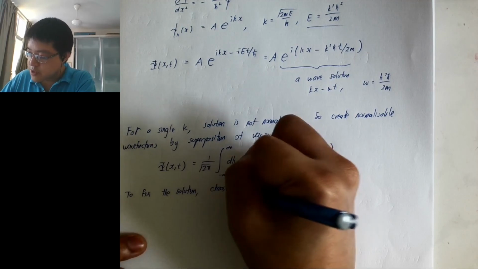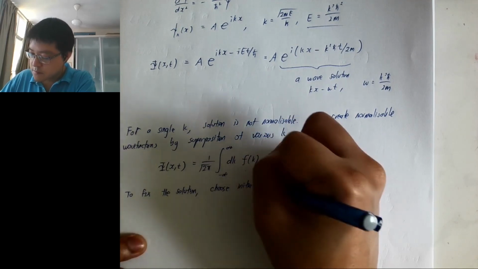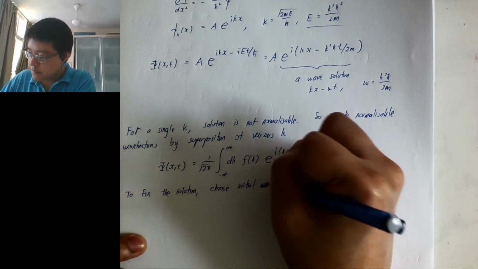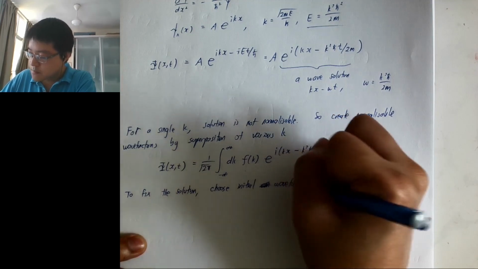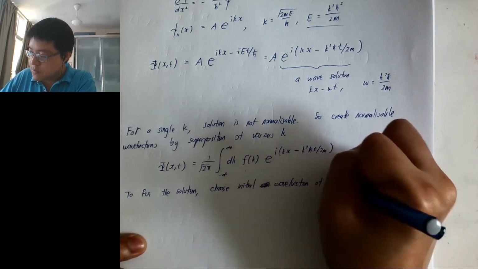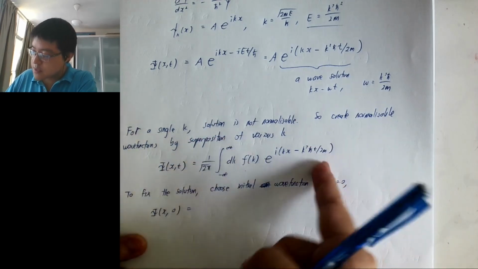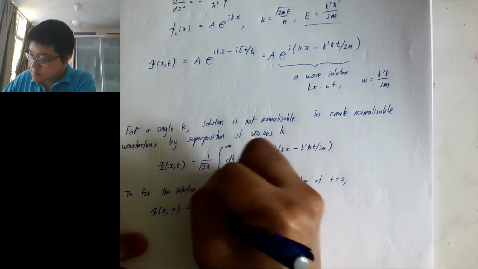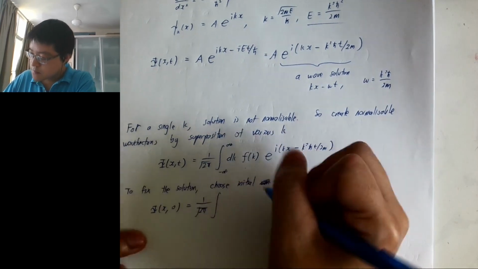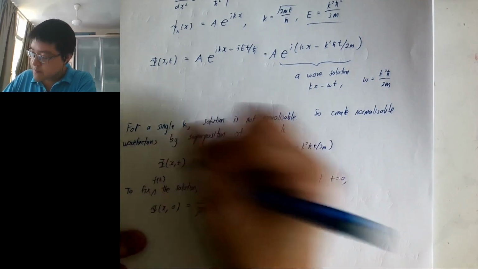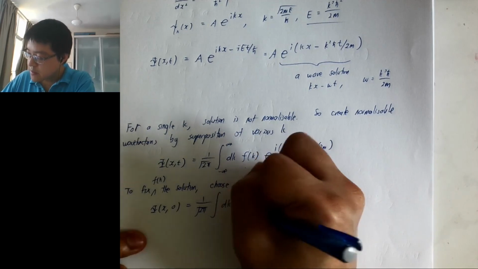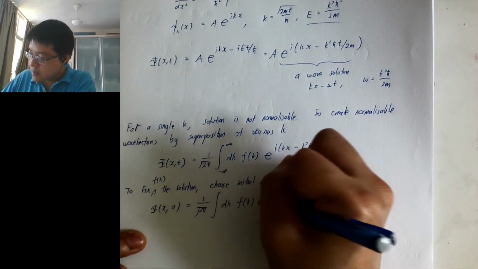So to fix the solution, we choose the initial wave function at time 0. At time 0, this time-dependent term is gone. So to fix f(k), we have the integral of f(k) e to the ikx.